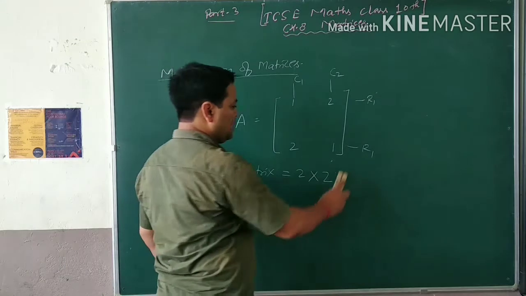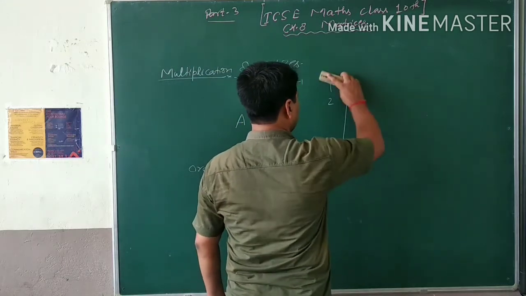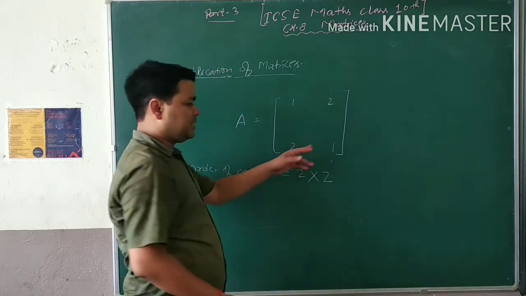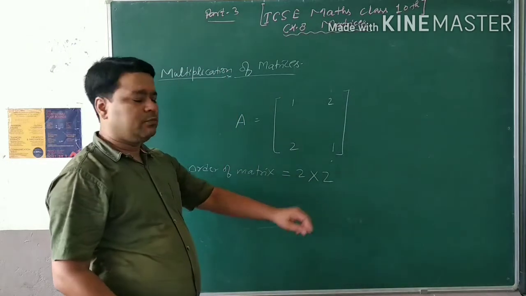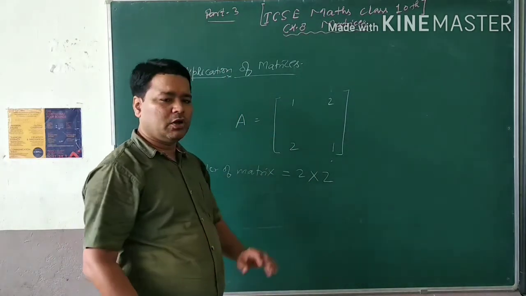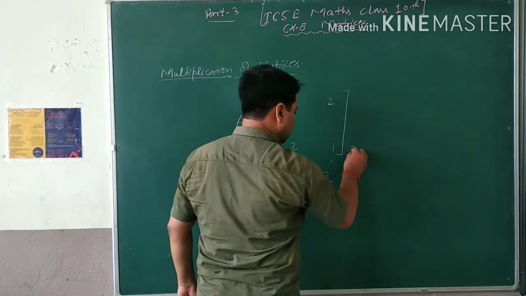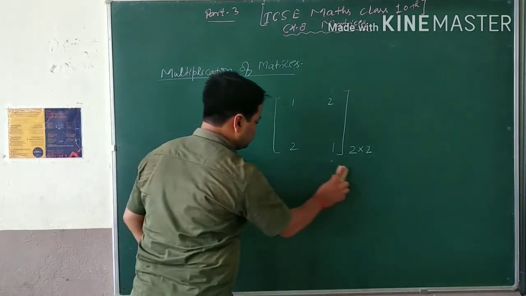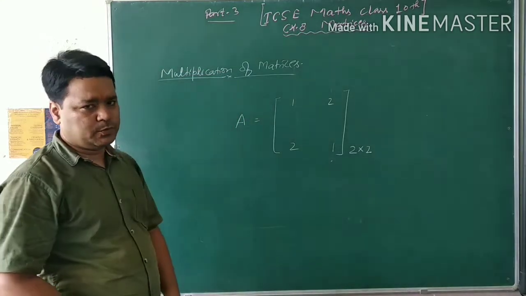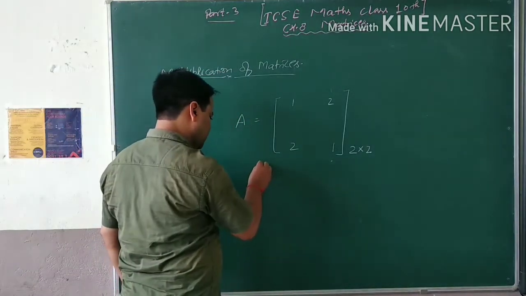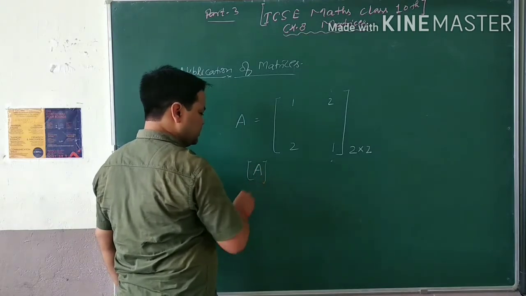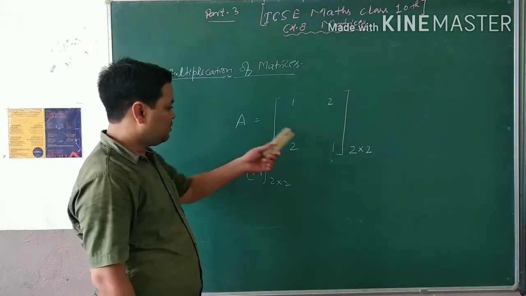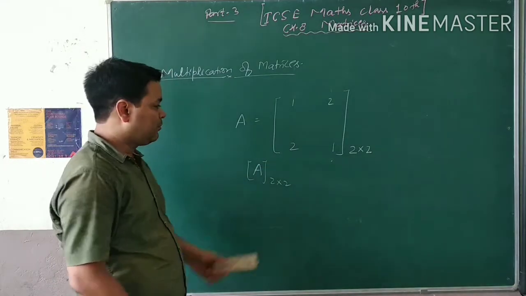So the order of this matrix is 2 by 2, meaning 2 rows and 2 columns. The order of matrix A is 2 by 2.